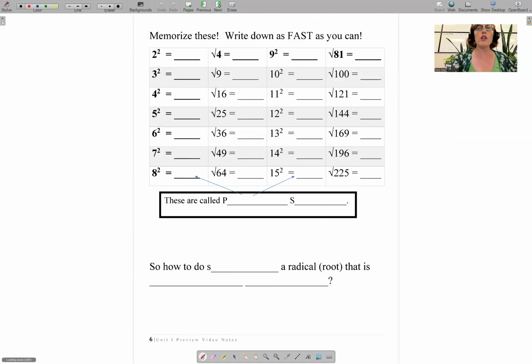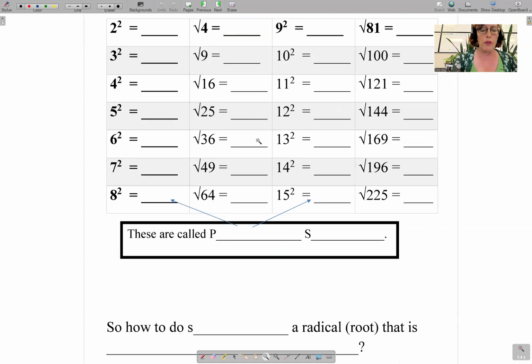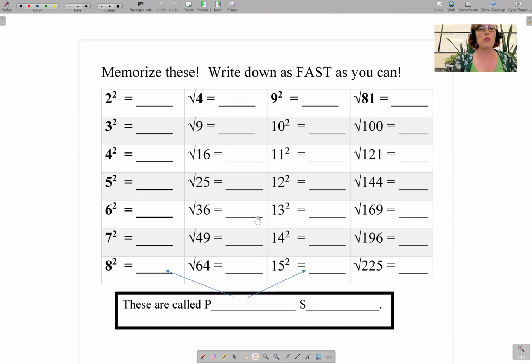This is all an algebra review, so this should not be completely new to you. So I'm going to do the first row only, and then you are going to zoom through and do as many of these as you can from memory. These must be memorized.